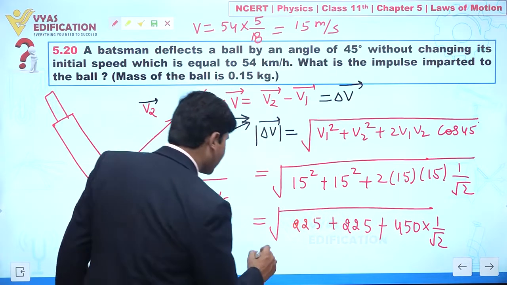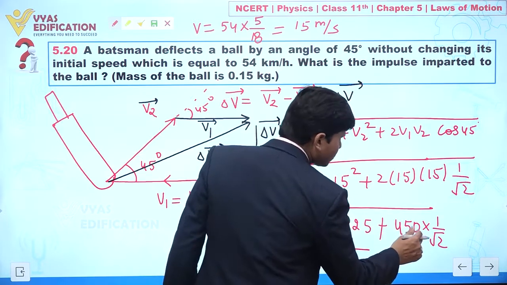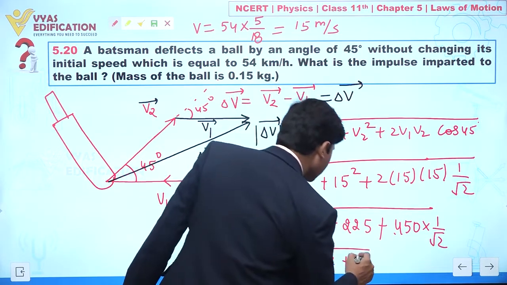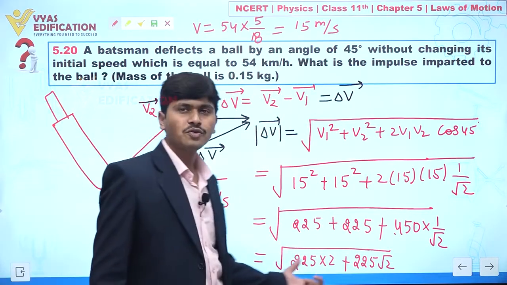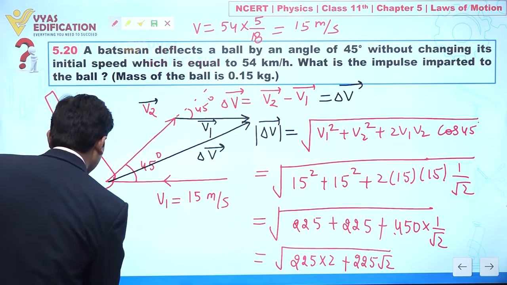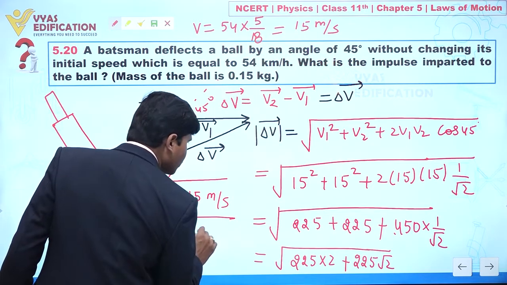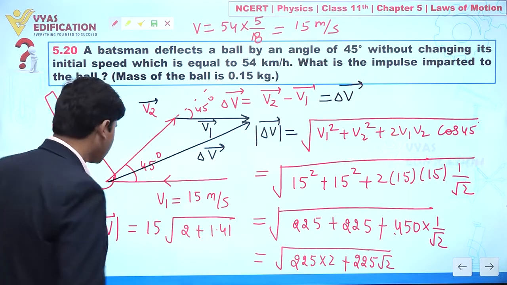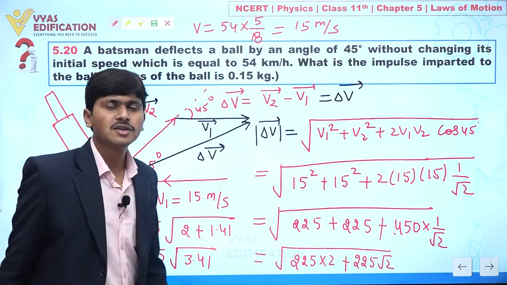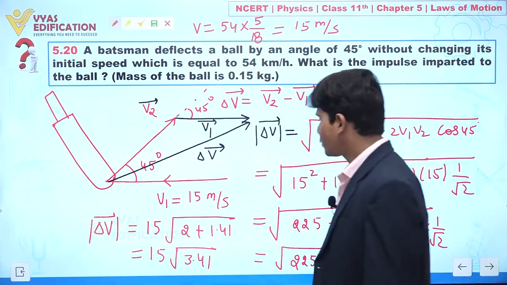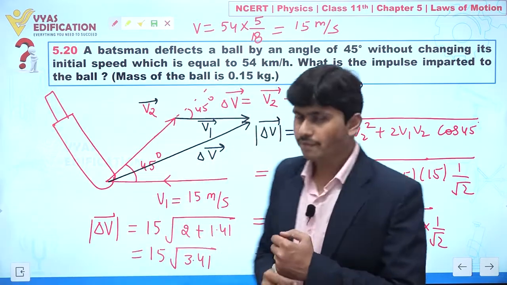You can also write this as under root of 225 multiplied by 2 plus 225 under root 2. Taking 225 common, the change in velocity in magnitude is 15 under root of 2 plus 1.41, so 15 multiplied by the square root of 3.41.